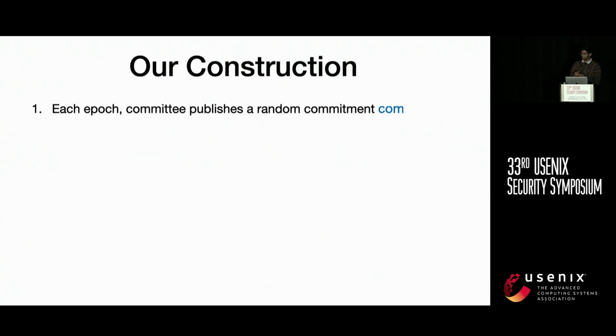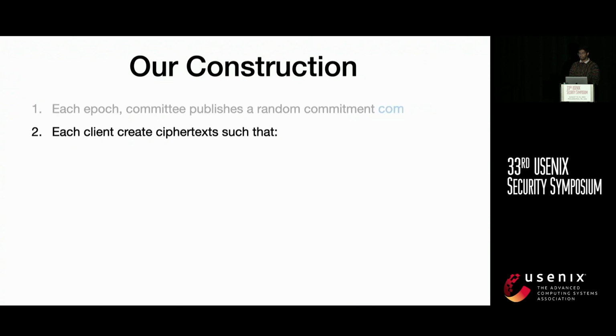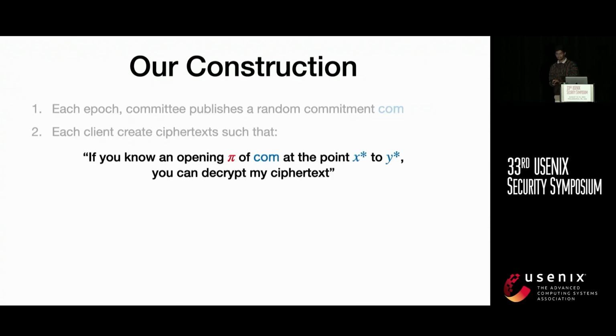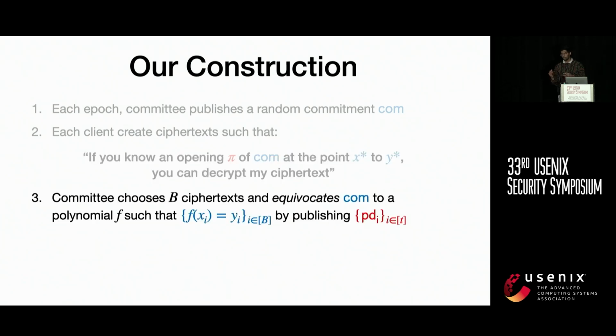So what's going to happen is in each epoch, the committee is going to publish a random commitment, to some random polynomial. And clients are going to create ciphertexts such that, exactly what I said earlier, if you know an opening pi of this particular commitment that the committee published, at a point x* to the value y*, then you can decrypt my ciphertext, right? So now when the block is mined, somehow you're going to choose B ciphertexts for this block.